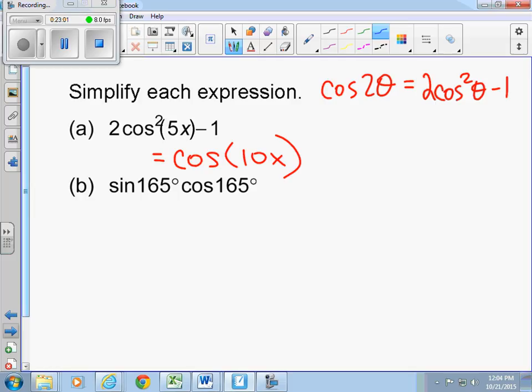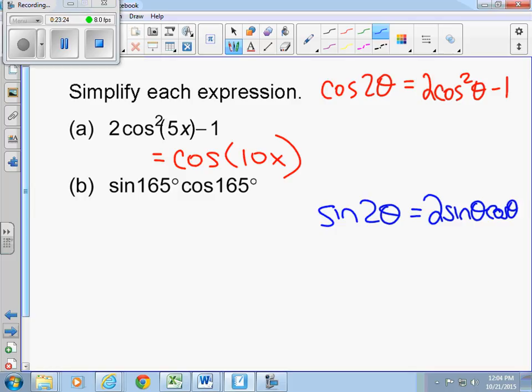What identity does it almost look like? It doesn't quite look like it, but what identity would we at least try to pull up? Sine of 2 theta equals 2 sine theta cosine theta. Correct? But I need to rearrange that identity to be able to use it.